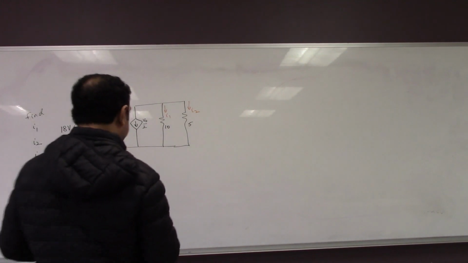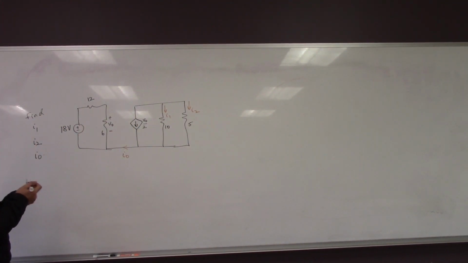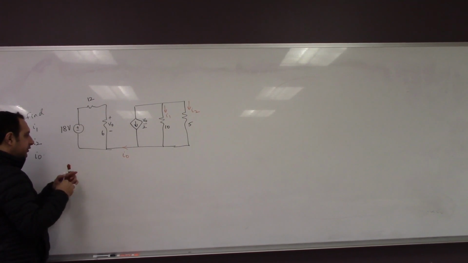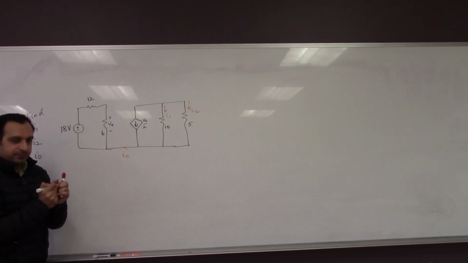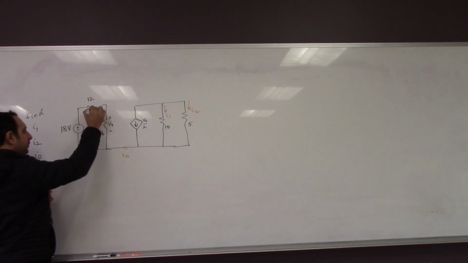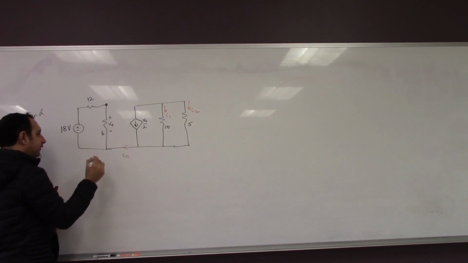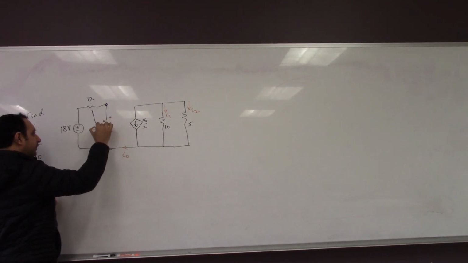Okay, let me do it. I'll show you a simple method, and then I'll also show you, in case you're ever confused, you can simply try it like this. If you look at this circuit, these two elements are in series. You look at 12 and 6, they are in series, so you can combine them directly by adding.